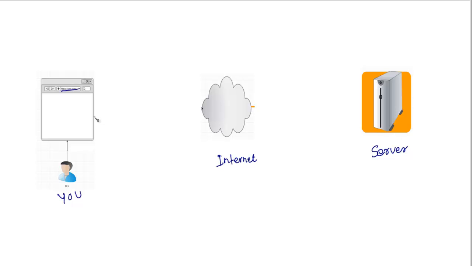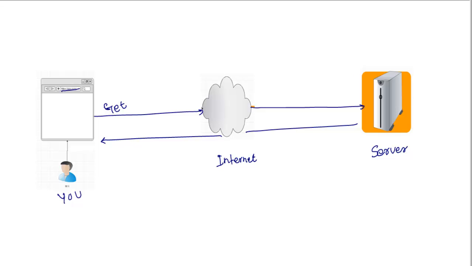Your request is sent through the internet to the server as a GET request. Then the server understands the request and responds back to you. This is how you browse a website.